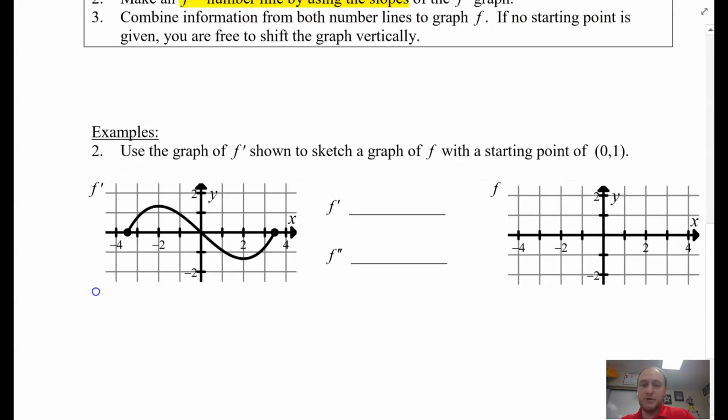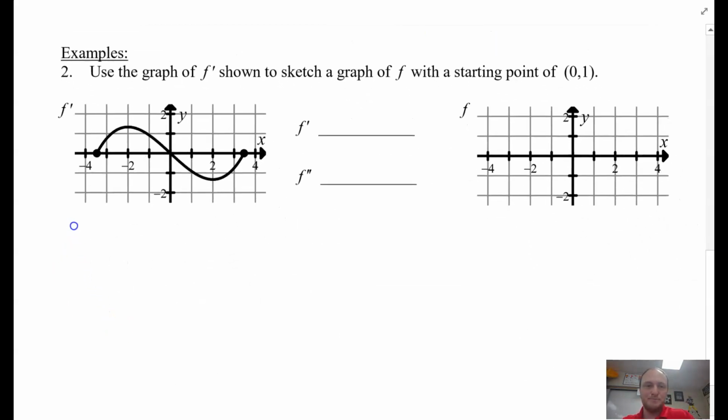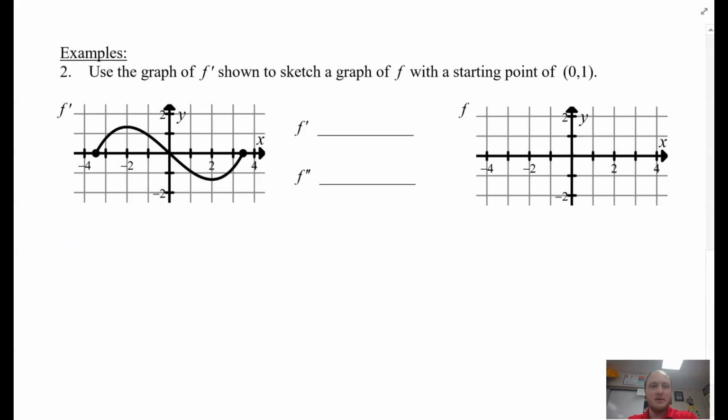So example 3. Let's go ahead and look at this example, and let me use red. I have f prime here, and I want to look at the position. First I'll make note of zeros. Those are our key important values. I have a 0 here at -3.5, at 0, and at 3.5.